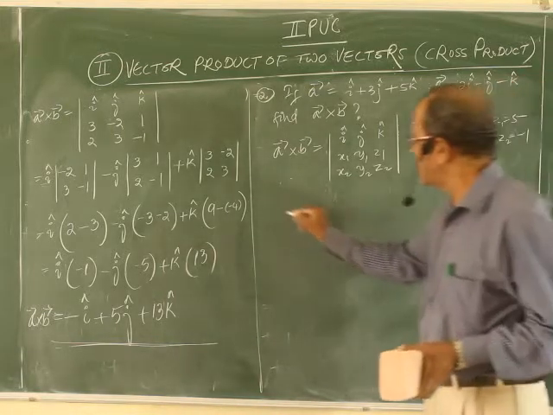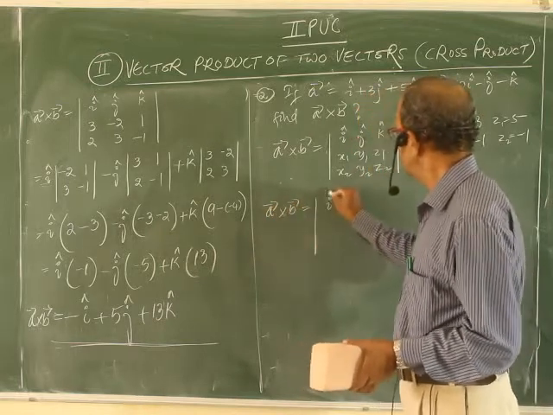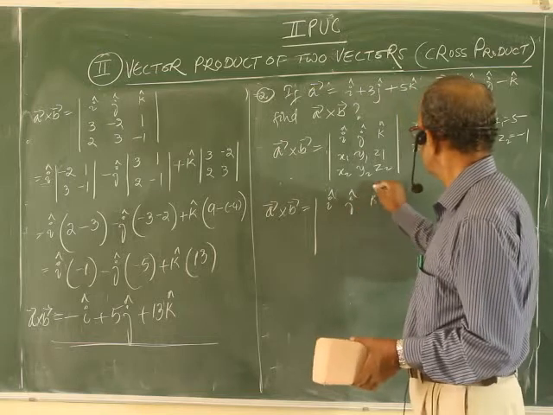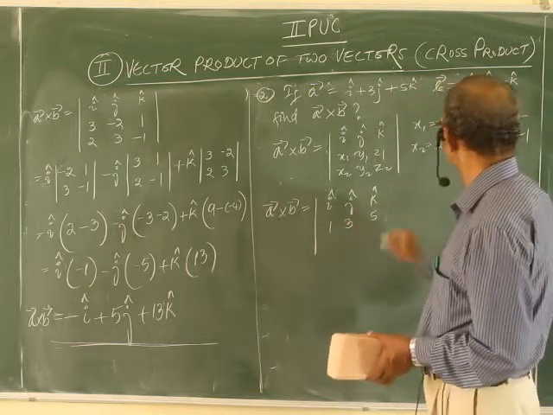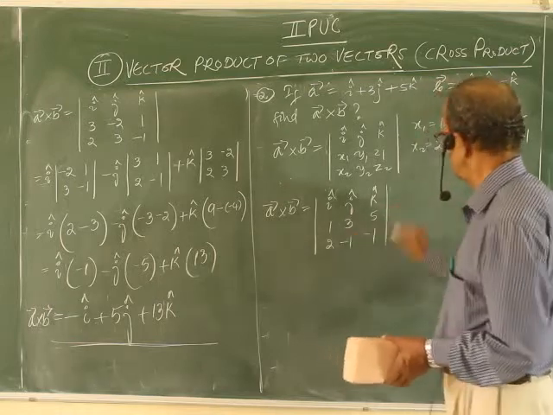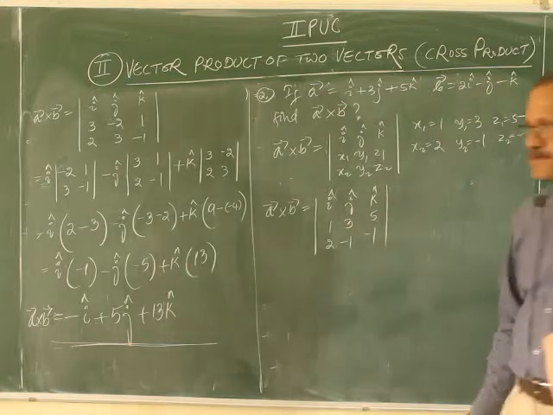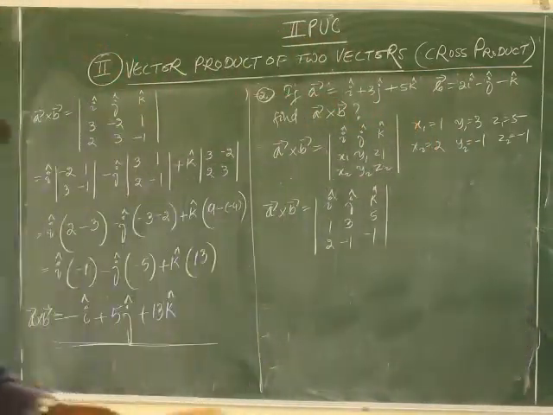A cross B equal to ijk, 1 3 5, 2 minus 1 minus 1.